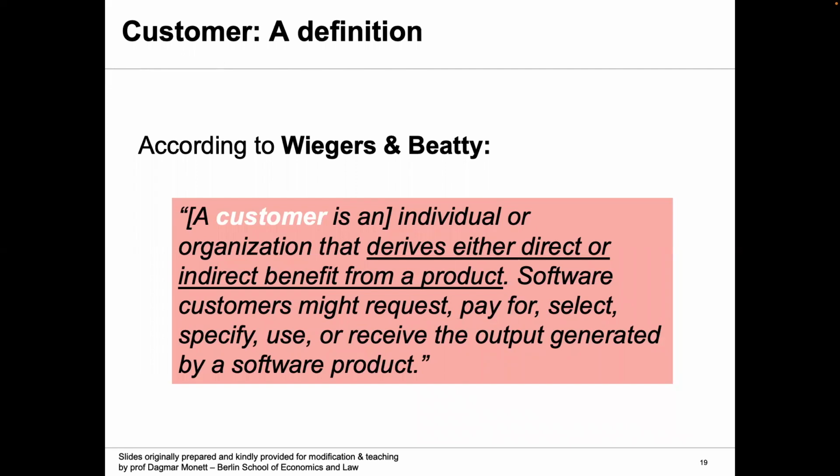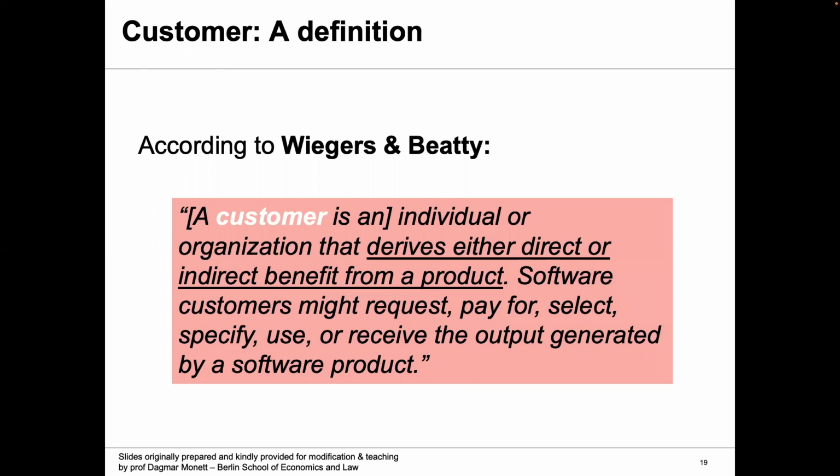The definition is so varied that it can be people who pay you for what you are building for them, but they may not ever use what you are building. They're just investing. So there can be a variety of customers involved here.